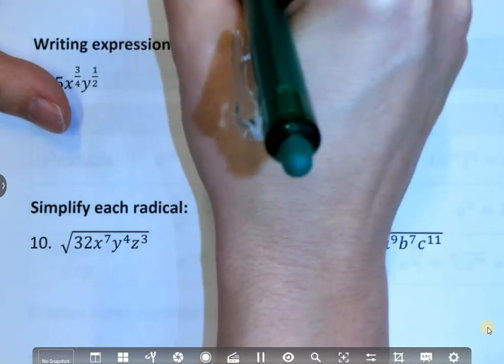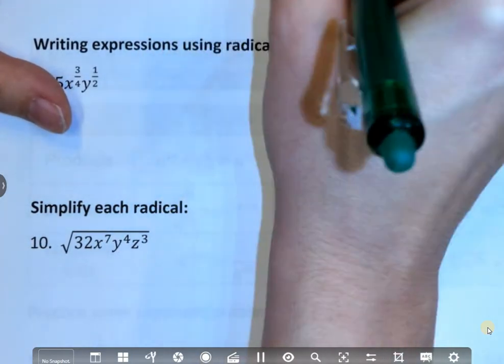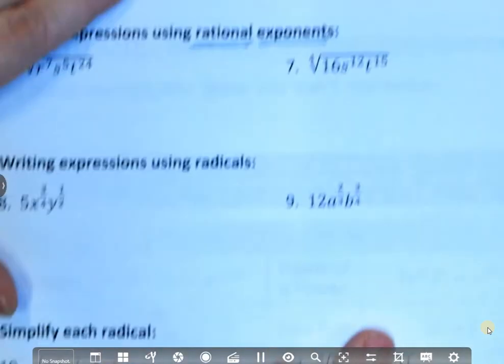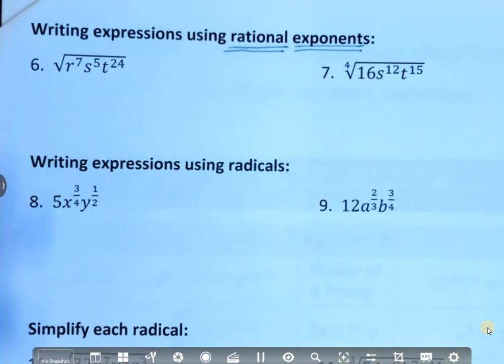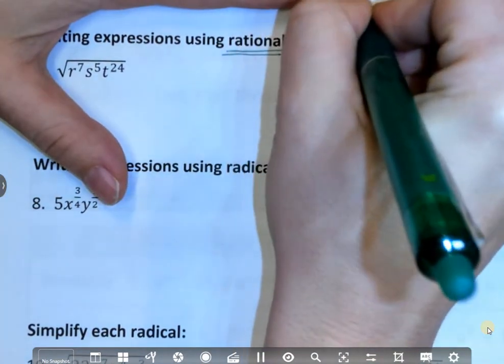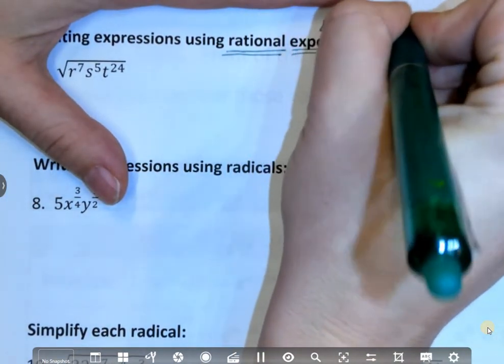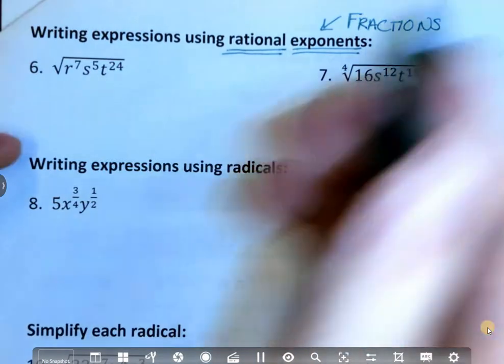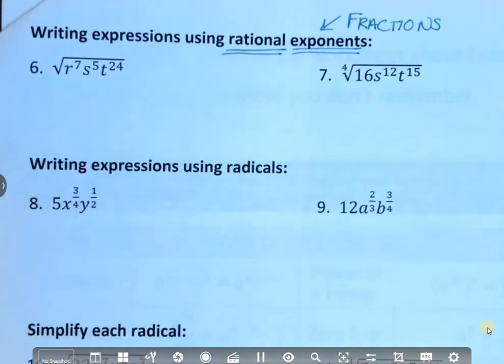When I'm saying a rational exponent, what am I looking for? Fractions. Rational numbers are fractions. That means I don't want roots in these problems. I only want fractions.